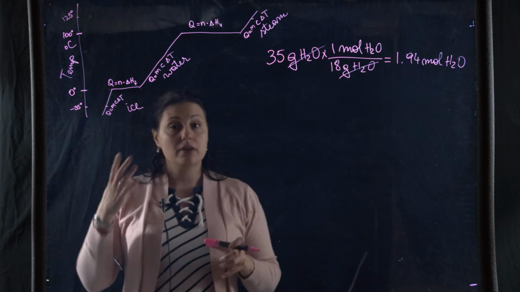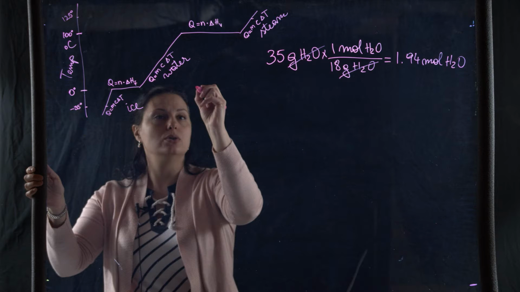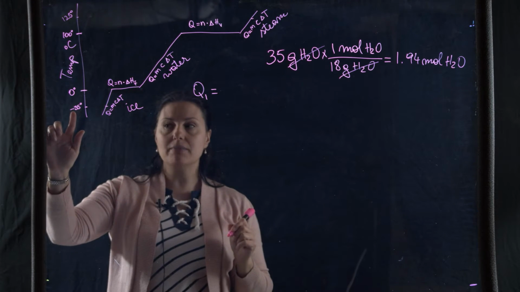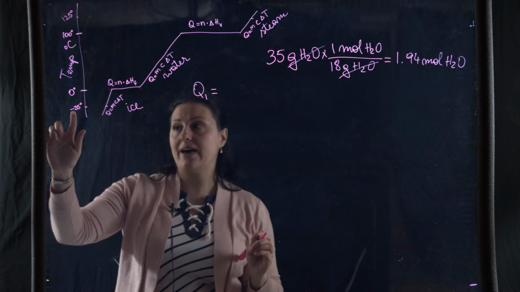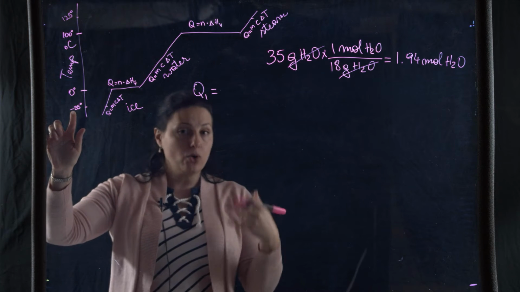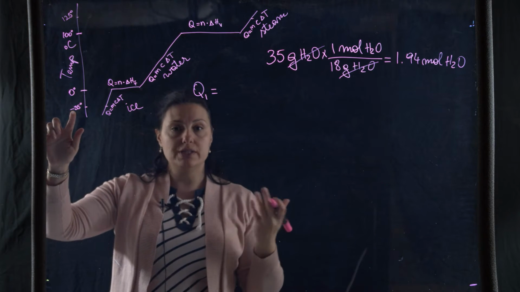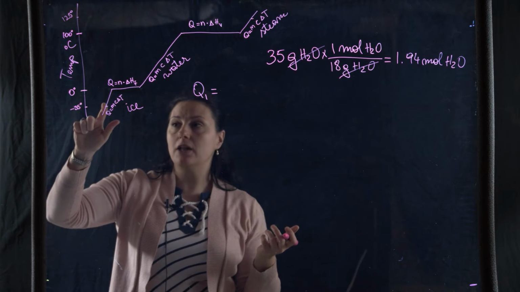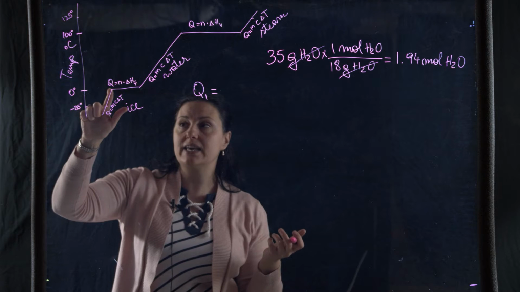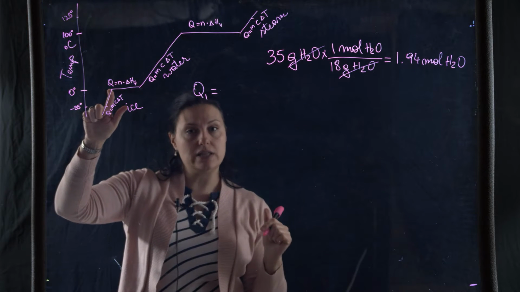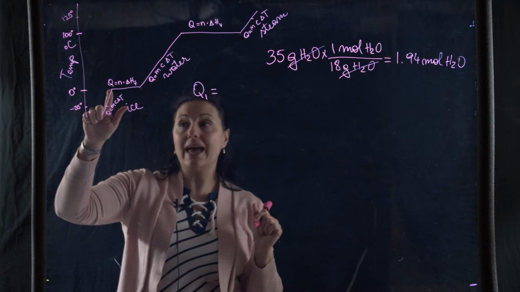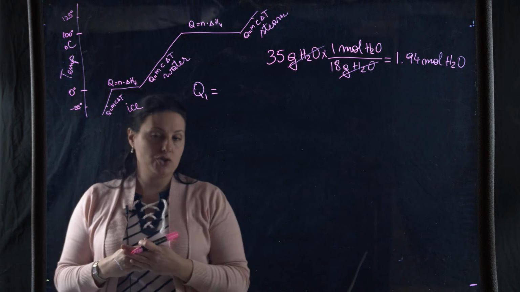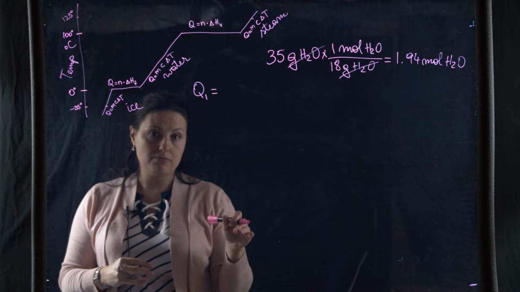Let's start with step 1, Q1. In step 1, I am at ice at minus 35 degrees, and I'm going to add energy to this piece of ice. So I'm right here, following this sloped curve until I hit the 0 degree point. At that point the temperature is not going to change because then I'm starting to melt.